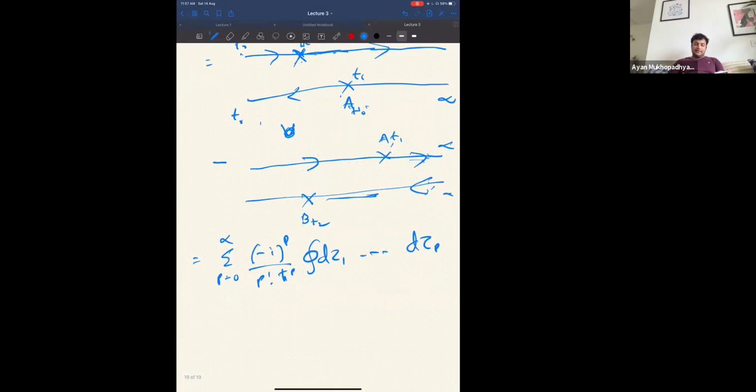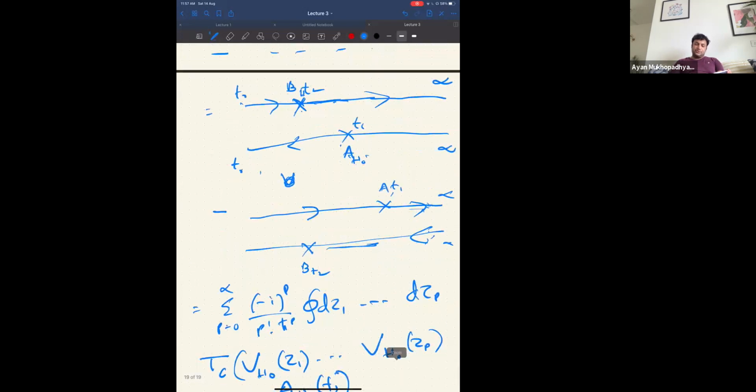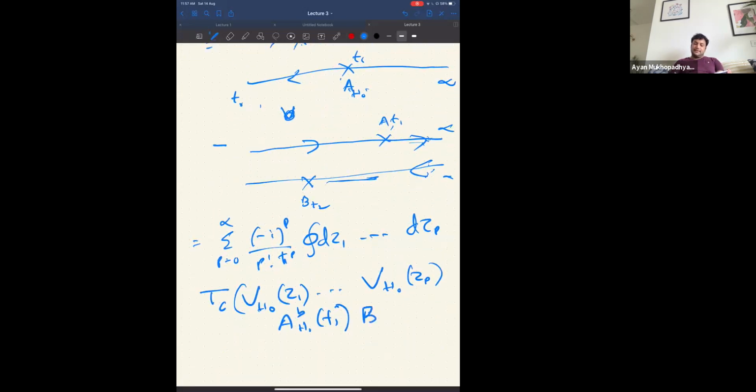And then here I should have the contour ordering of V H0 tau 1 to V H0 tau p, and then A H0 T1, which I'm inserting in the backward contour, and B H0 T2, which I am inserting in the forward contour, okay? And then a similar expression, where I just interchange the backward and forward contour. Minus T_C.